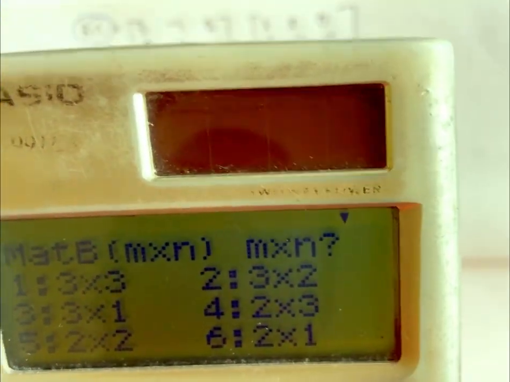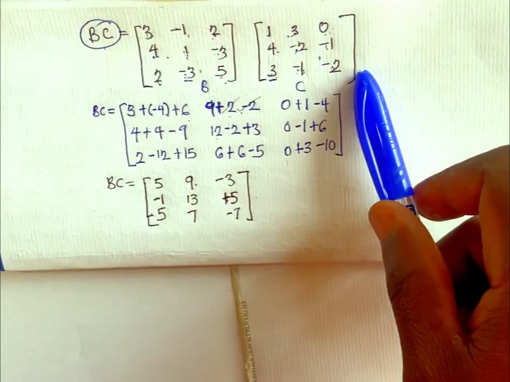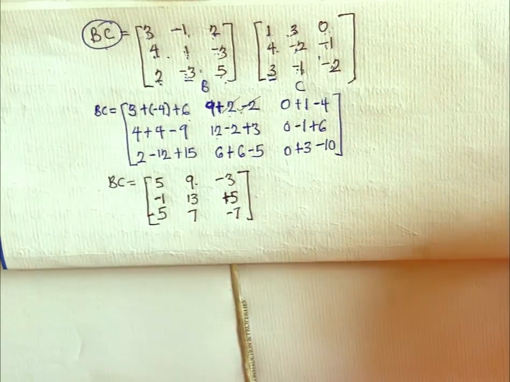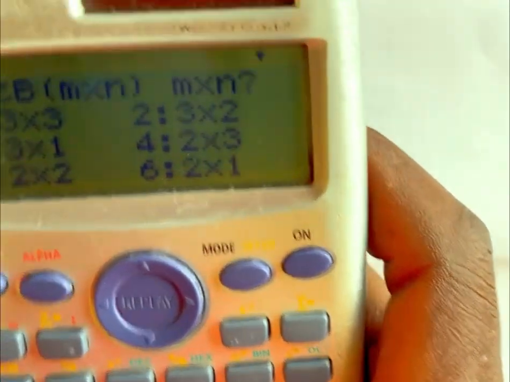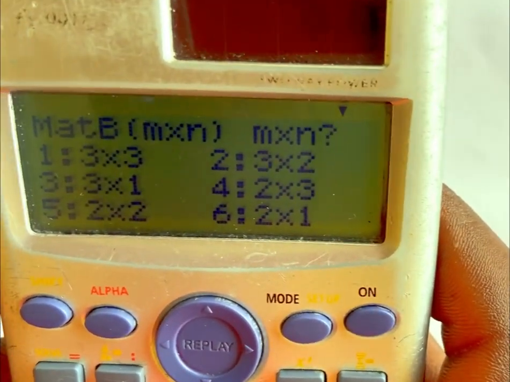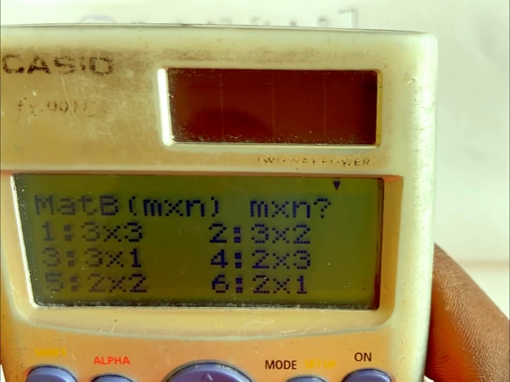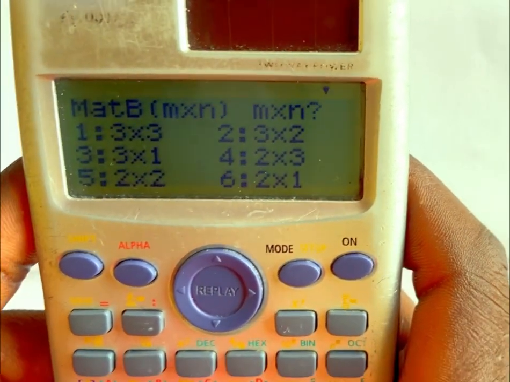That is, maybe it is 3 by 2 that you want to calculate for, or 3 by 3, or 2 by 2, or 2 by 3, or 3 by 1, or 1 by 2, or 2 by 1. Since both my matrix B and matrix C are of the same order, that is, they have the same row and the same column, 3 by 3, I will come back to my matrix and press 1.